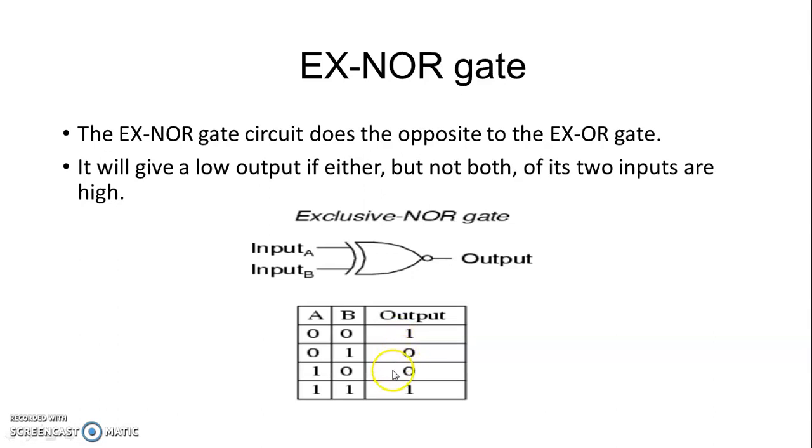Otherwise, it is low, which is 0. Again, I am repeating, if both the input values of XNOR gate are same, either 0 or 1, the output will be high, that is 1. Otherwise, it will be 0.